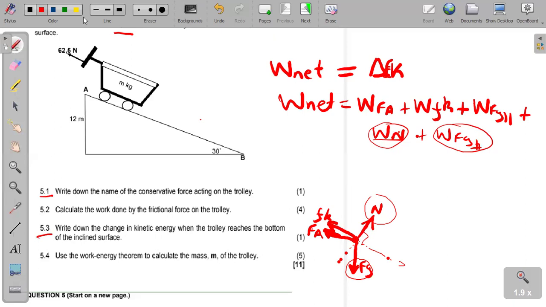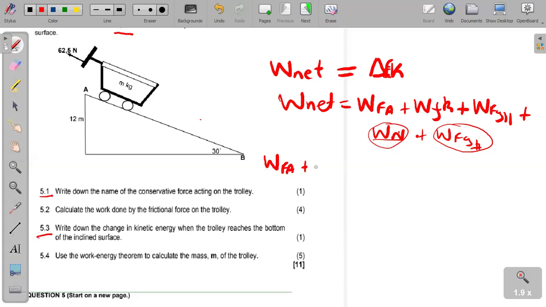Okay, so let us now perform the calculation. With the kinetic frictional force, we have already calculated. So we need the work done by the applied force plus the work done by the kinetic frictional force plus the work done by the parallel gravitational force, plus 0, the work done by the normal force, and the work done by the perpendicular gravitational force, which is equal to 0, should be equal to the change in kinetic energy.